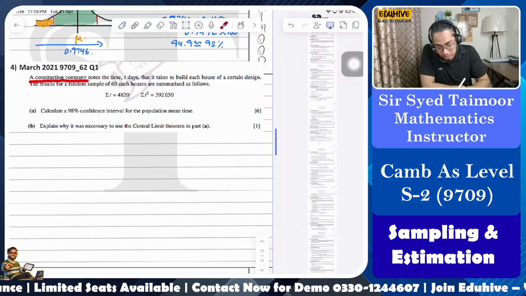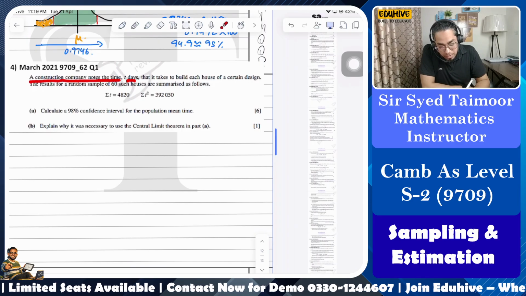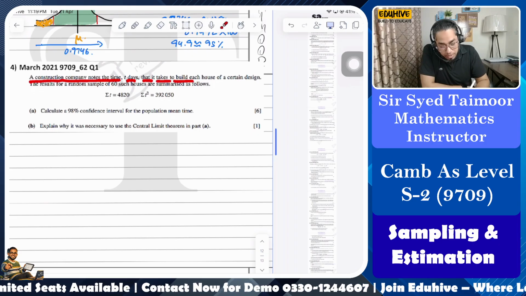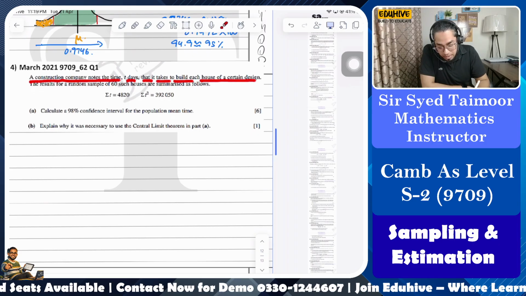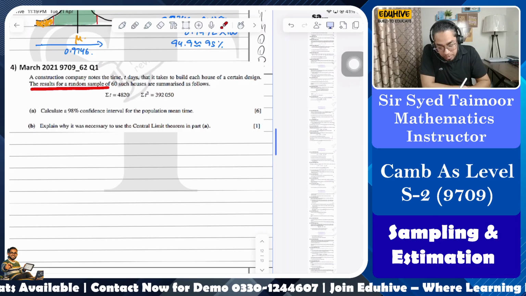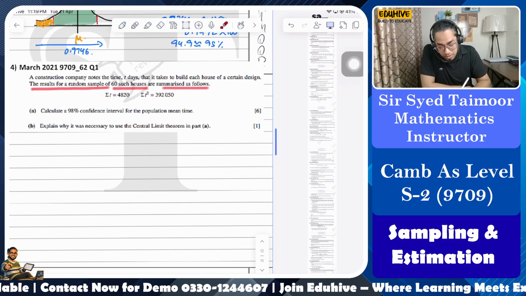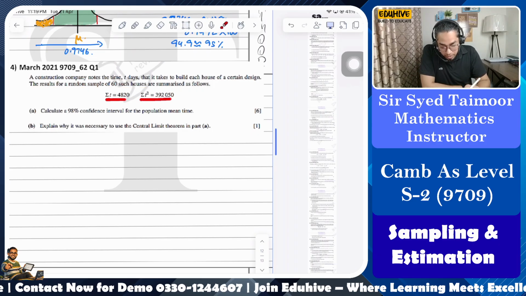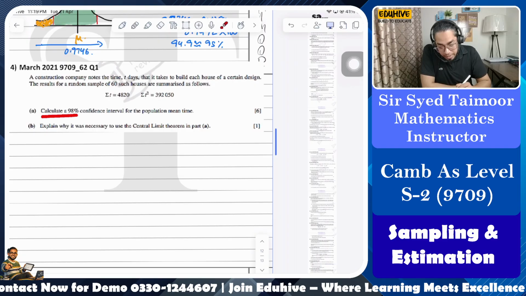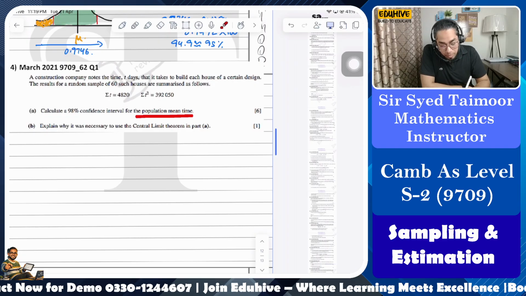A construction company notes the time T days that it takes to build each house of a certain design. The results for the random sample of 60 such houses are summarized as follows: sigma t and sigma t square. Calculate the 98% confidence interval of the population mean.